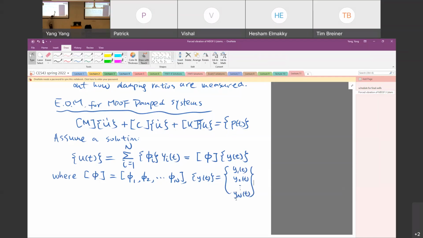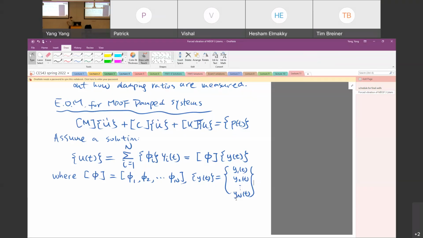We use a big matrix to include all the modal shapes, and we use a vector to include the response for each mode. Does this make sense? If you still remember how you dealt with vectors and matrices in your linear algebra, basically this is the equivalent of the middle term. Do you agree with me?